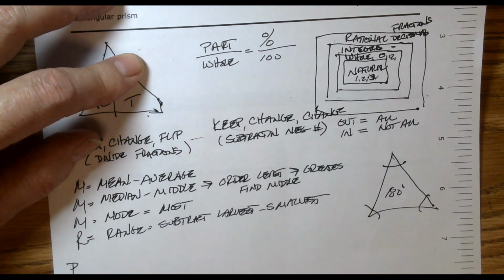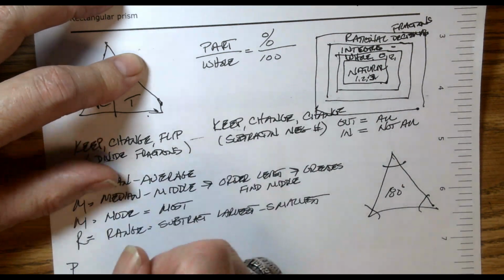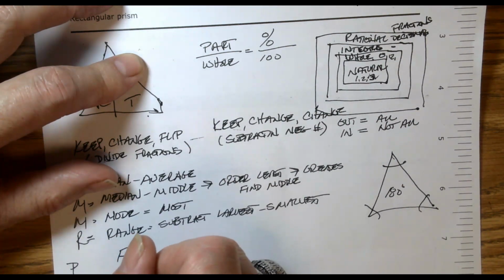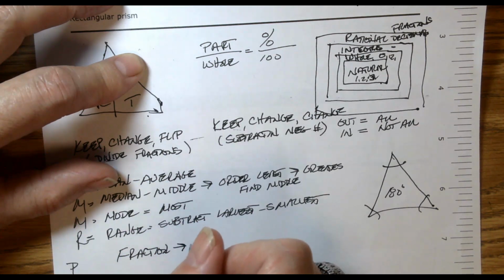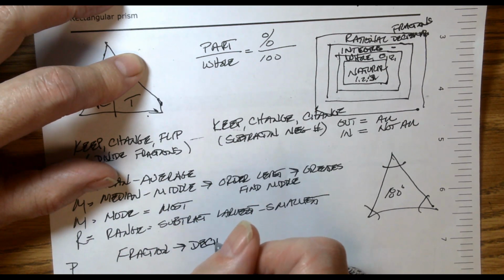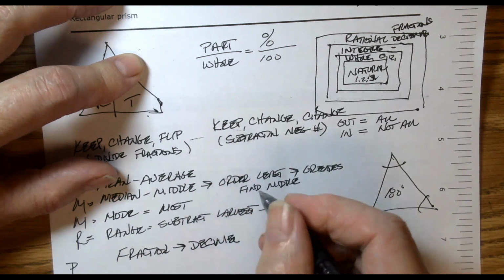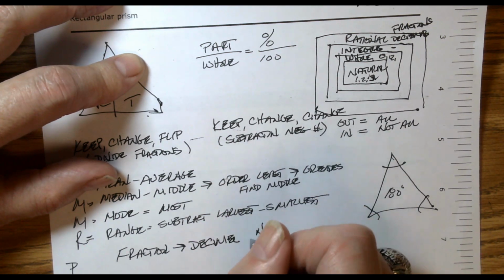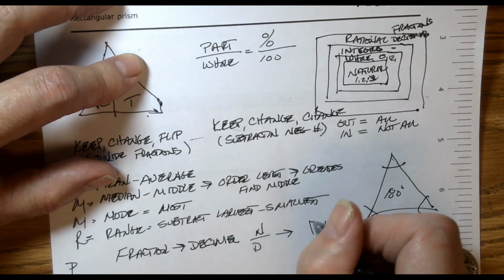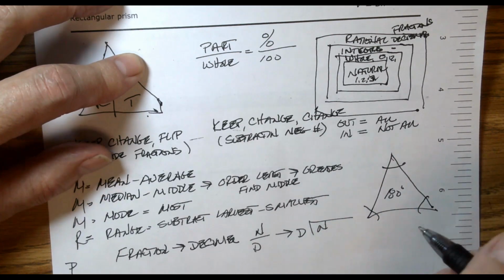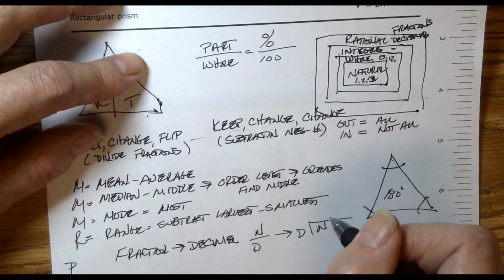Okay, to change a fraction to a decimal, right? This is your numerator, this is your denominator. You're going to put the numerator in the doghouse and put the denominator out there. Okay, and then that will give you a decimal.